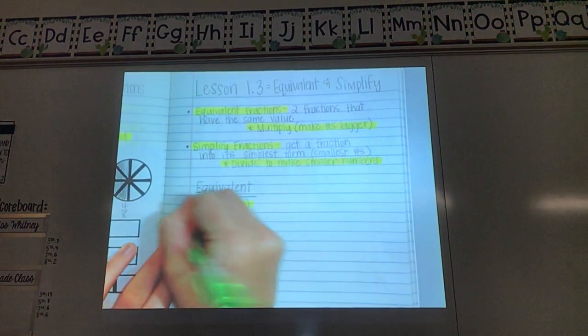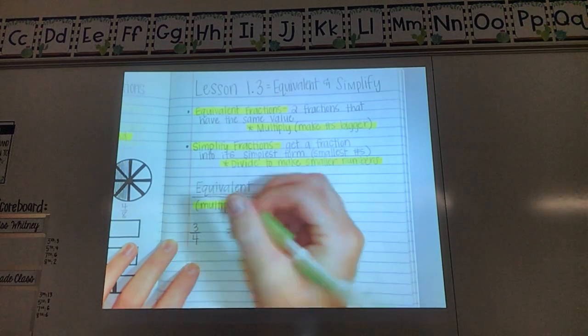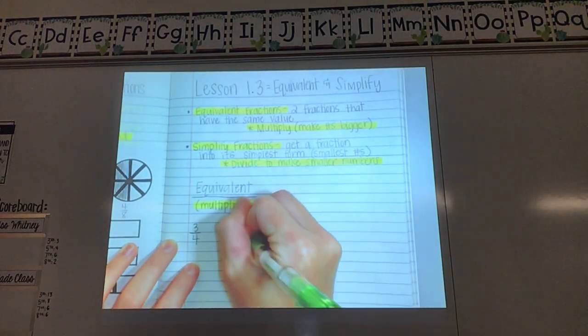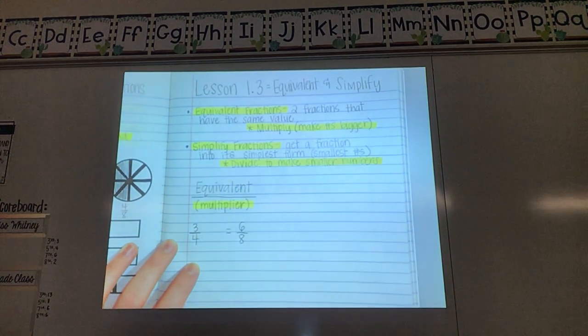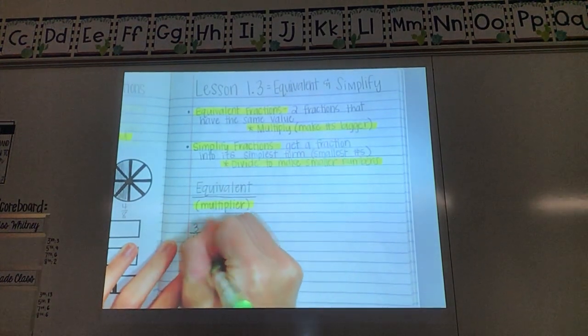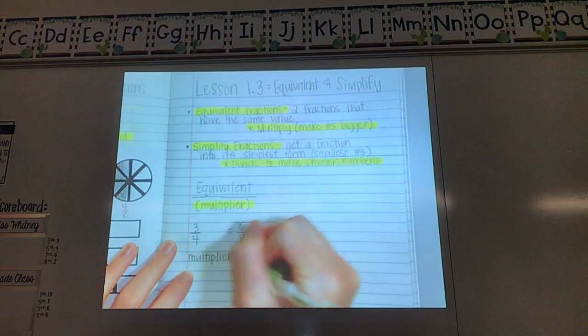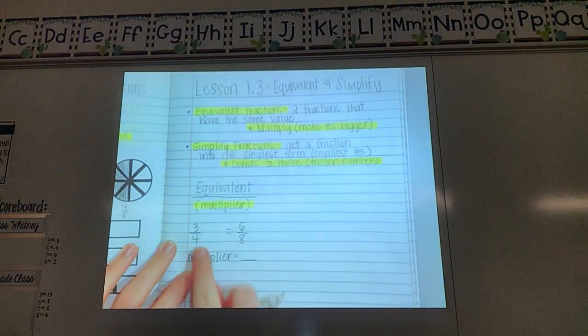If I give us the fraction 3/4, and I want to change it to be 6/8 because those are equivalent, what would my multiplier be? What I'm asking is, what would I need to multiply 3/4 by to get 6/8?